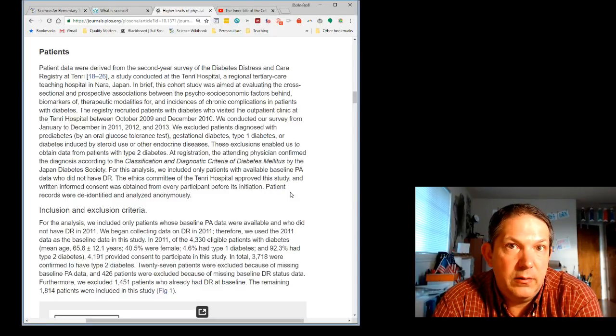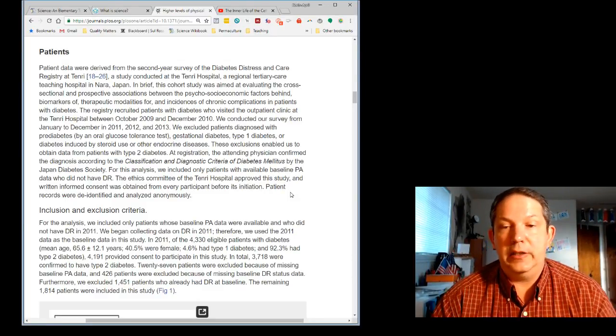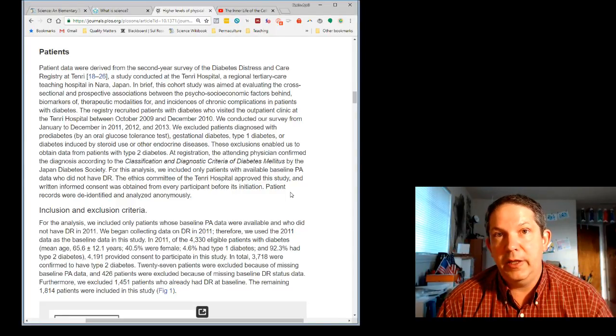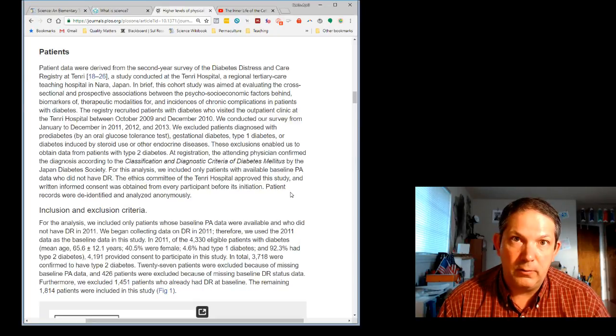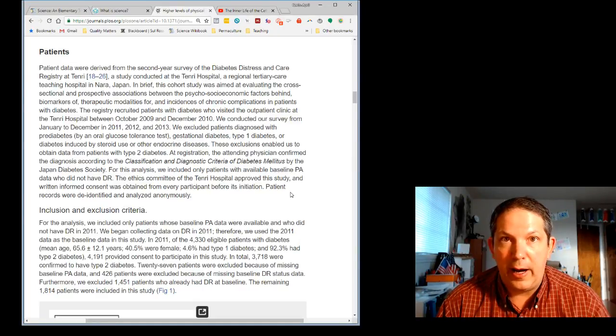Getting consent is really important for human patients, but having an ethics committee review your work, there have been a lot of unethical things in science, particularly, Hitler comes to mind during World War II, conducting all sorts of physiological experiments on Jewish people. Throw them in freezing cold water to study how long a person can live in freezing cold water, and you just run the experiment until they die.